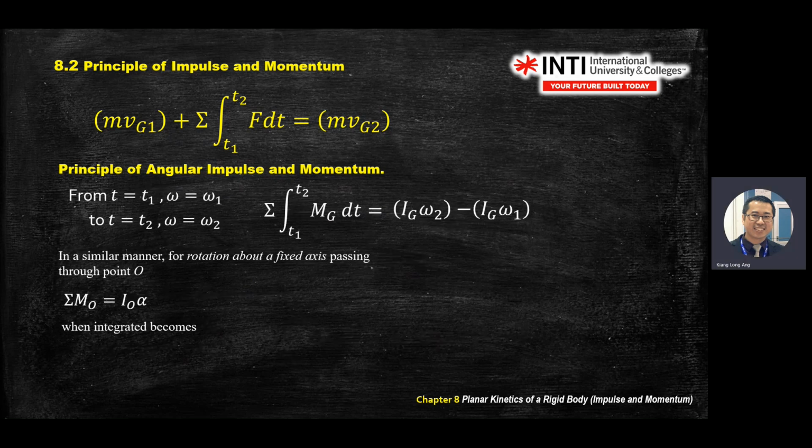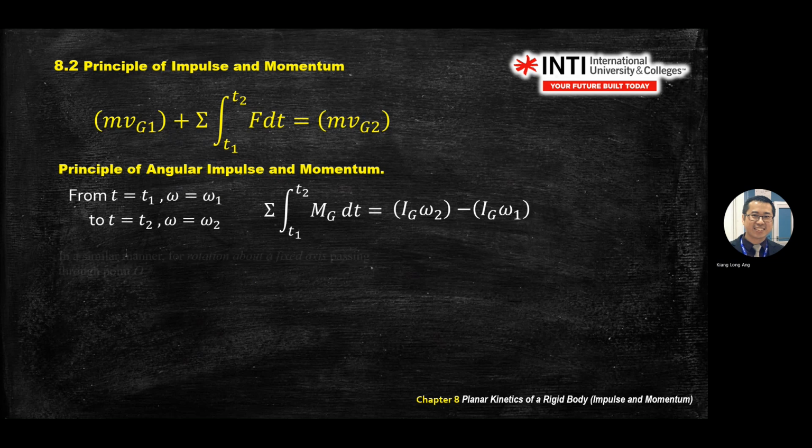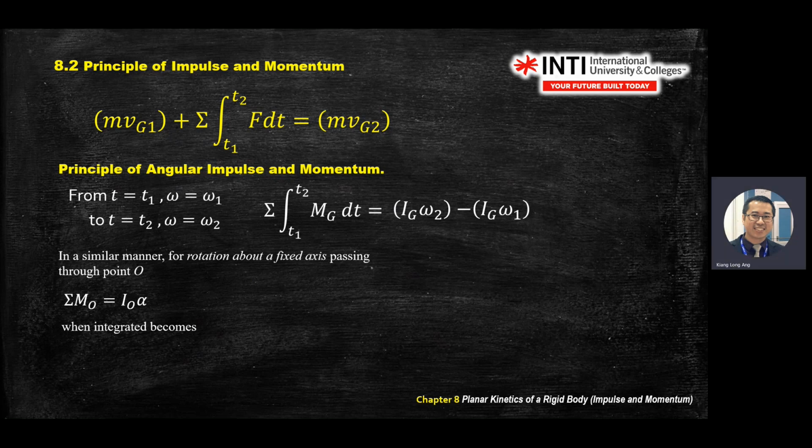So this equation, the first one here is on the center of mass, G point. So if you have a point that outside the G point, the center of mass, what you do, you use I_O. Again, what is I_O? I_O is I_G plus m d squared. Okay, this one.